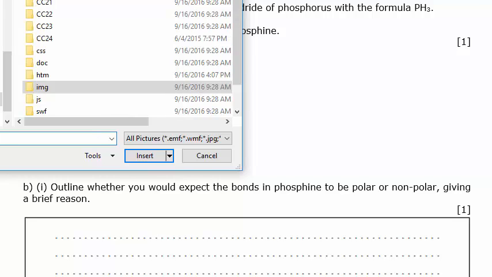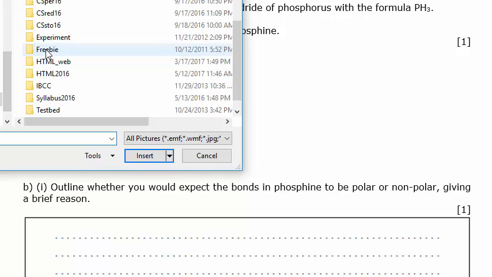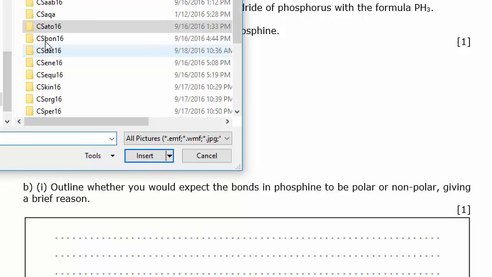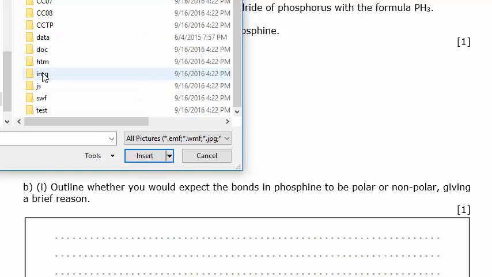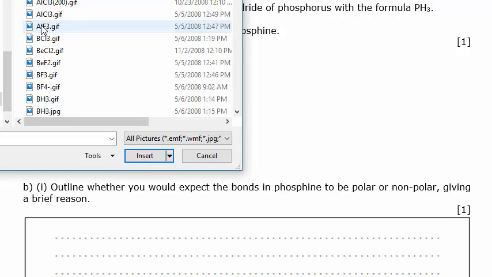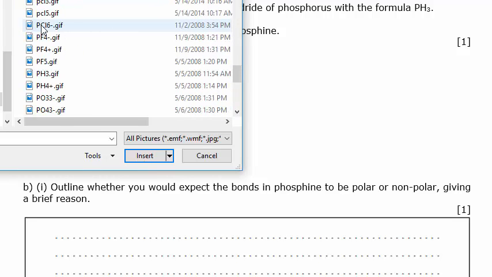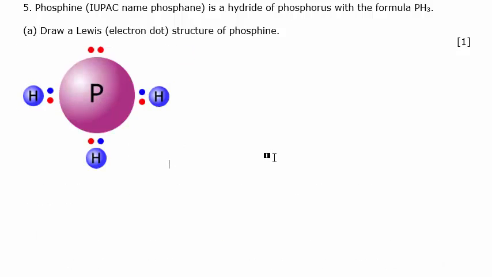Going back to bonding, images, Lewis structures, PH3, there we are. So there's the Lewis structure, the electron dot structure of phosphine.